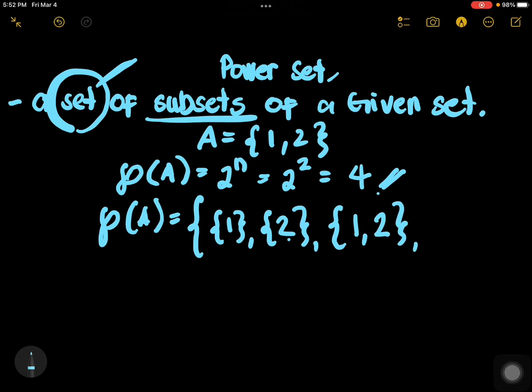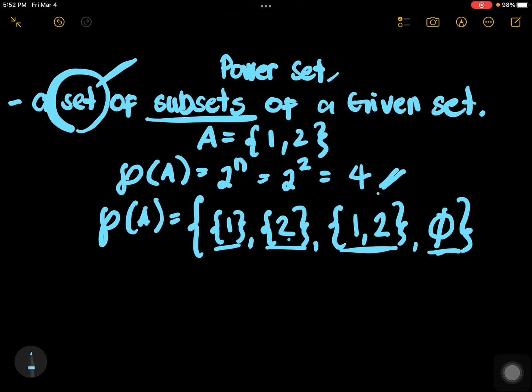And the last set is an empty set. Always remember that all sets have a subset of a null set. Okay, so let's try to count. 1, 2, 3, 4. Very good. We have 4 elements in our power set, and these elements are also sets.